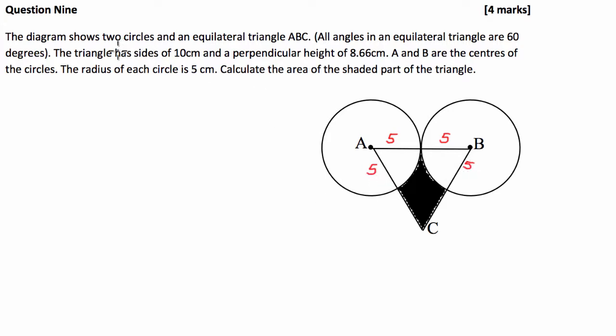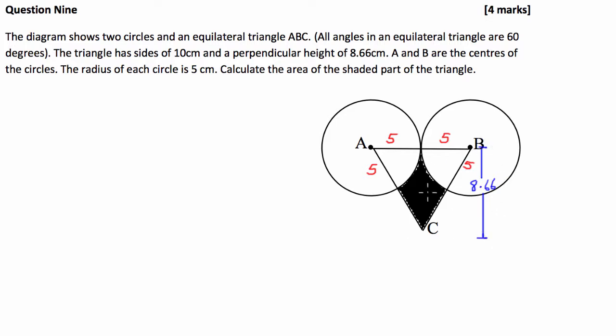Now, the triangle has sides of 10 centimeters and a perpendicular height of 8.66. Okay, so let's put the perpendicular height in. So we have 8.66. And that, guys, is from here to there.